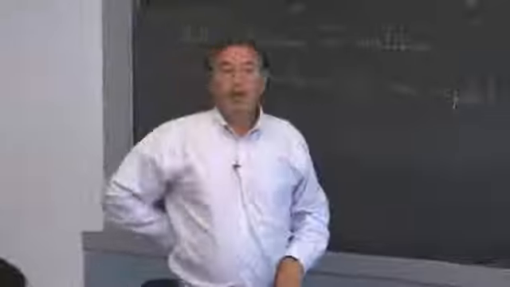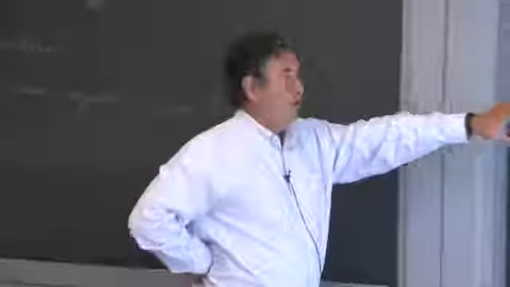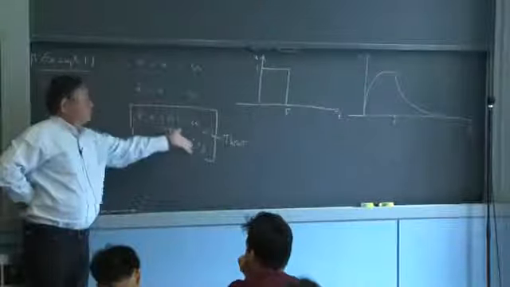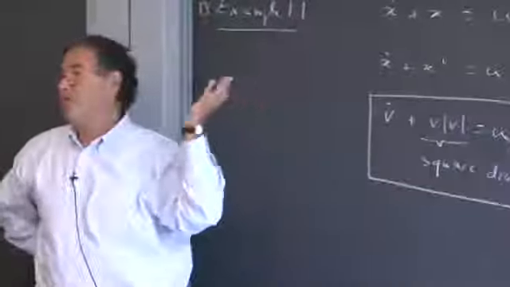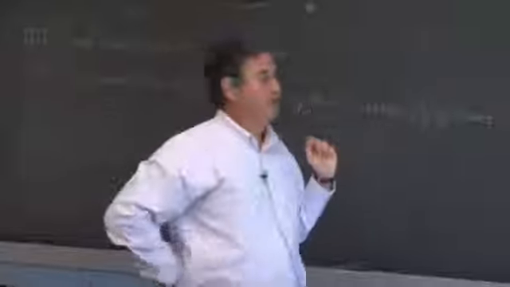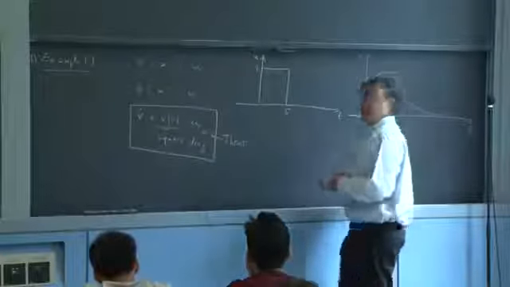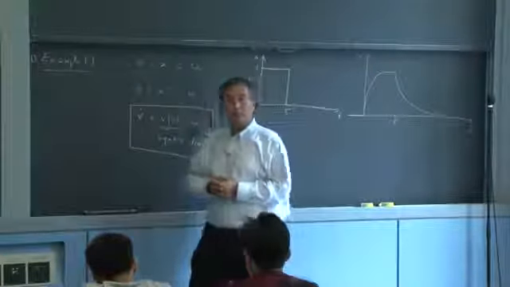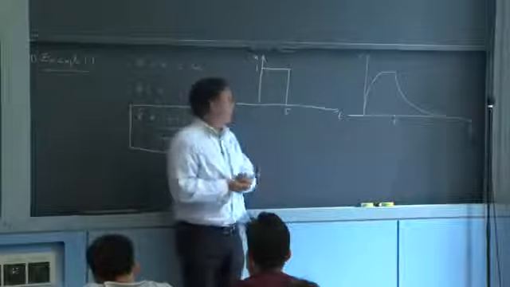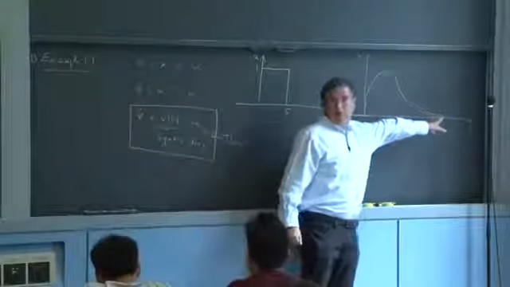In this system, again, we're just trying to do the simplest non-trivial nonlinear system. In this system, as we remove the input, what happens? It goes down, but it doesn't go down the same way.